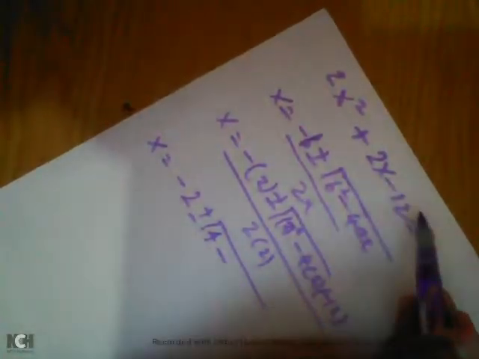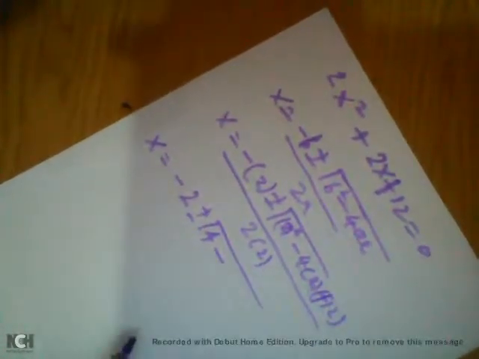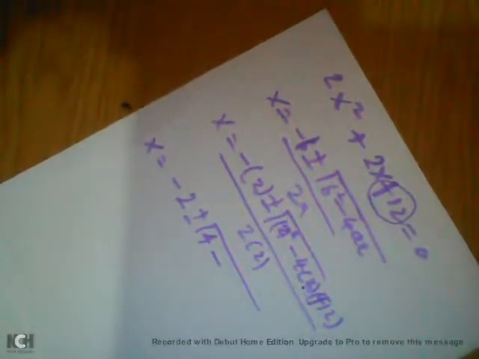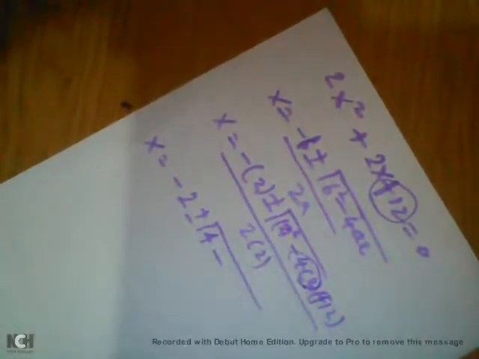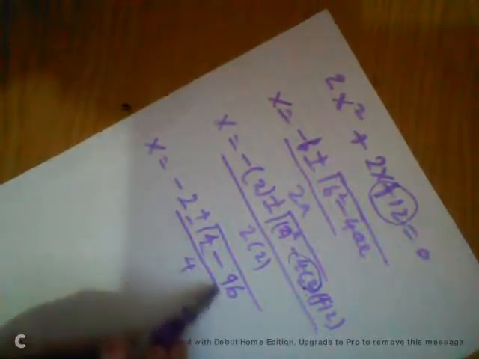Okay, plug this in the calculator. Let's make this one plus, it means c equals plus 12, so 8 times 12, which is 96, over 4.